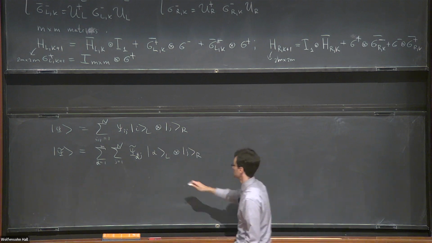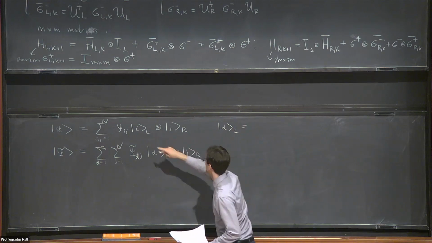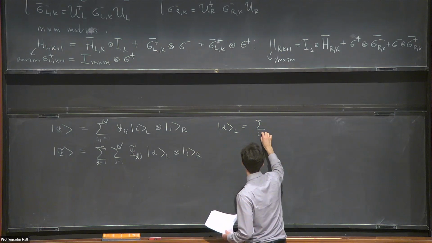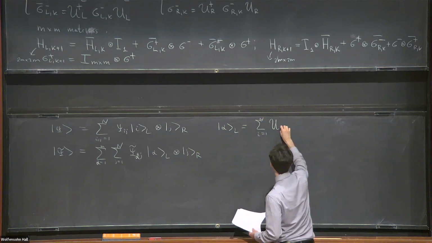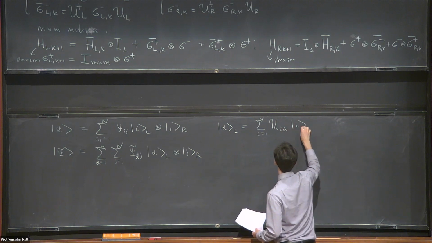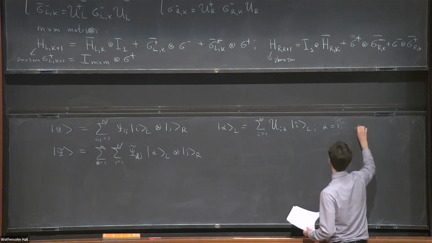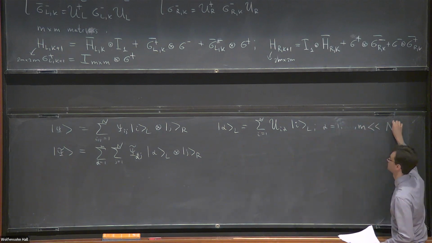And we build the states alpha using the states i of our left system, i from 1 to n, with a matrix U_i alpha, |i>_left. So there are only m states alpha, which is much less than n.